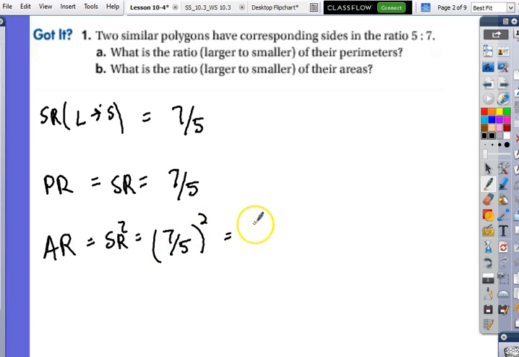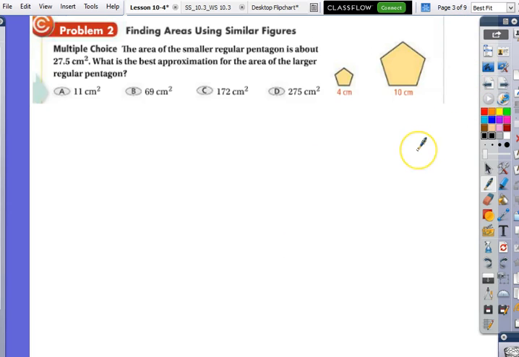What does that come out to be? 49 over 25. So the first thing that's very important is you need to be able to calculate perimeter ratios and area ratios from knowing how the two figures are similar. Does everybody feel pretty confident about that? All right, so knowing that, we move on to a problem.